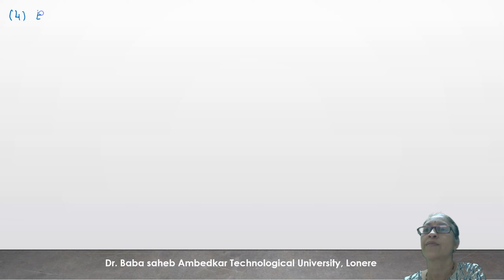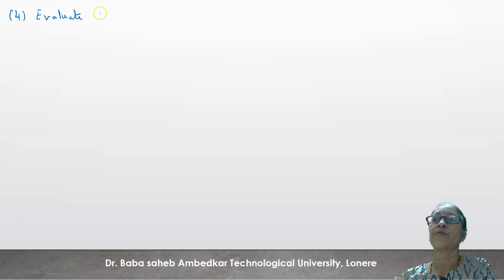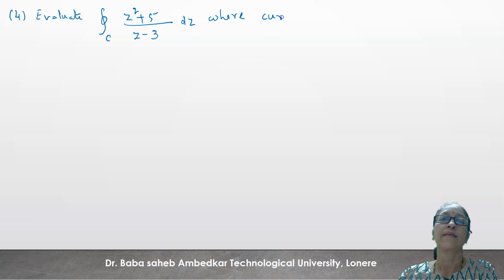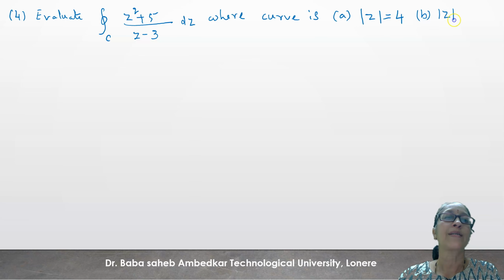Example number 4. Evaluate the integral of (z square plus 5) by (z minus 3) dz, where the curve is, here more than one curve is given, that is mod z equal to 4 and the second one mod z equal to 1.